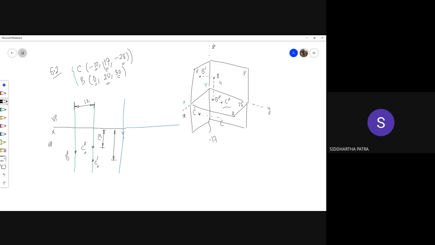So B prime, this distance is this 30 right here, and so the B prime would be shown on the vertical plane 30 millimeters away from the XY line.